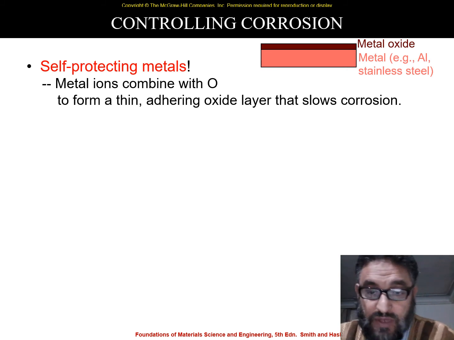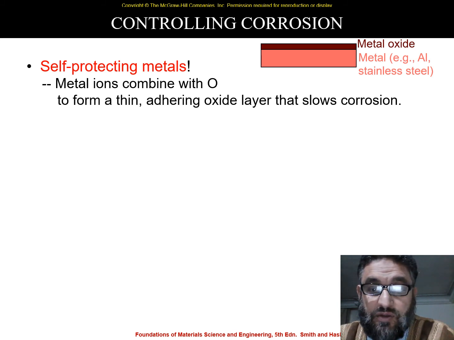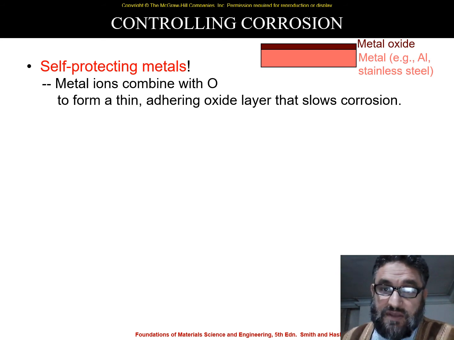Finally, we control the corrosion by interfering in the reaction itself. For example, here we try to provide cell protection for metal. Metal ions combine with oxygen to form a thin adhering oxide layer that slows the corrosion. For example, some metals, like aluminum and some kinds of stainless steel, form a metal oxide.